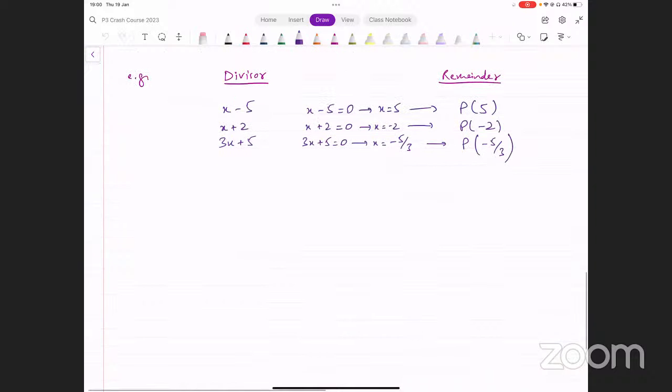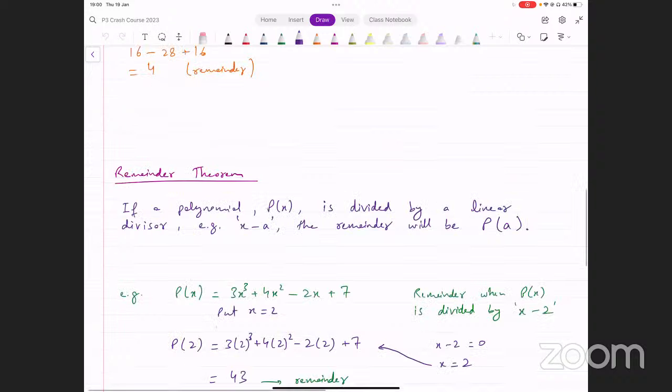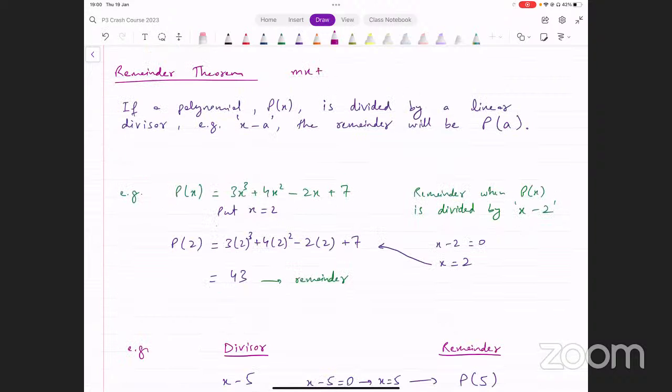All right? Sir? Yes. Sir, but this is for linear divisors only, right? For linear divisors, yes. Anything of this form, anything of mx plus c form, it works for anything like this. But sir, if the divisor is quadratic, then you have to do the long division process, and then it doesn't work.